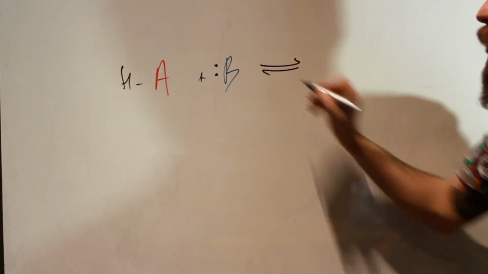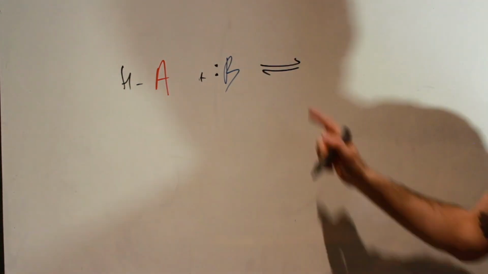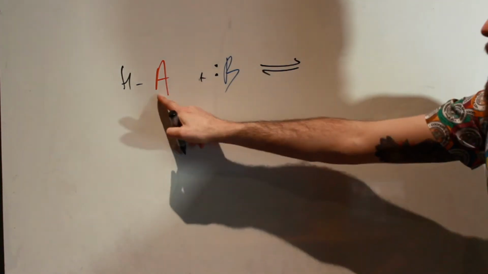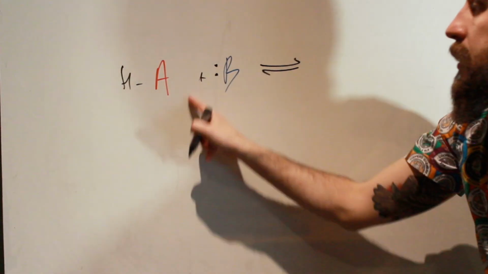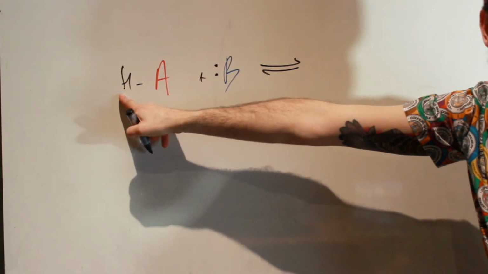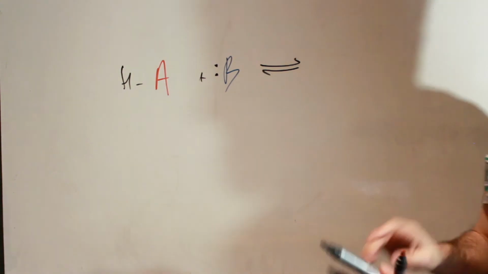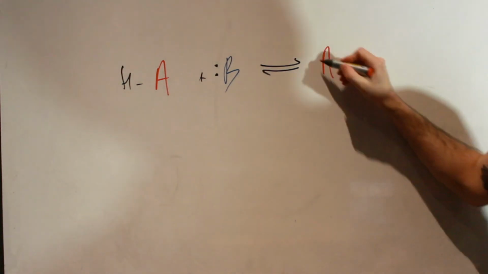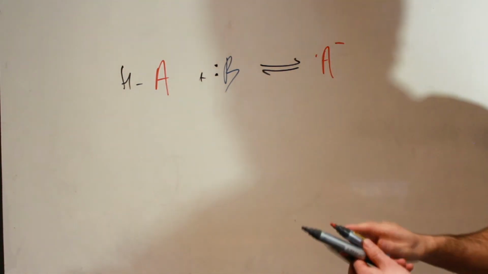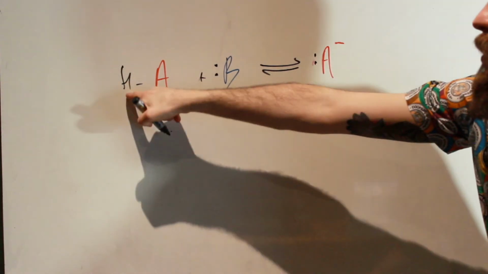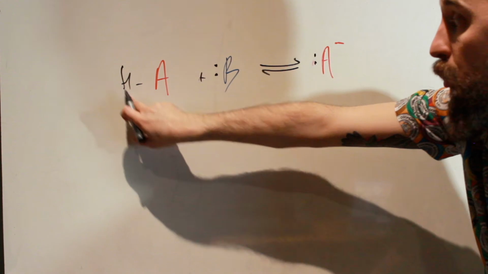Then we reach an equilibrium, because we're in the equilibrium unit. We're going to look at this idea of acid-base equilibria. And then what happens here? We've now got a neutral species that has lost a proton, the single proton from the hydrogen, so it's going to be a proton down. So we're going to end up with an anion here, and then it's keeping the electrons from this electron pair there, because again, our hydrogen is just a proton.